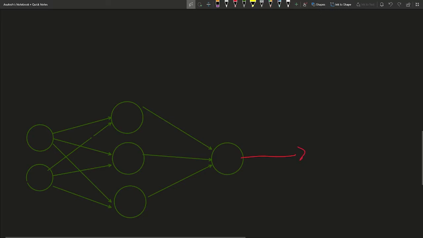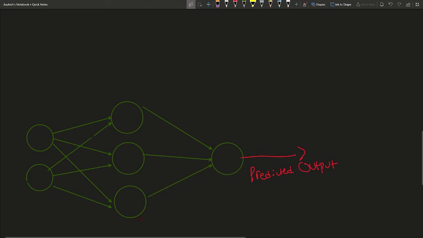We can call this final output the predicted output. And that's one forward pass in a network. You just take the input data, send it through the network, and then you get a predicted output.